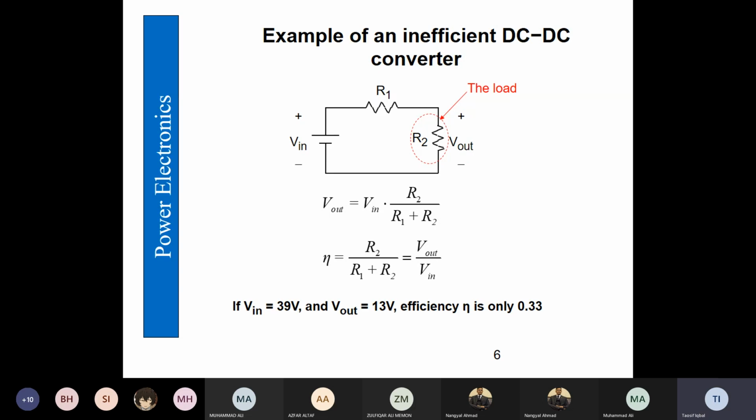So, for example, if input voltage is 39 volts and output voltage is 13 volts, the ratio of the voltage divider should be 1/3. So therefore the efficiency is also 1/3, 33% only.